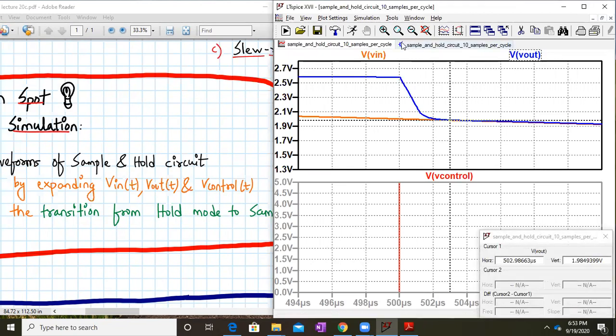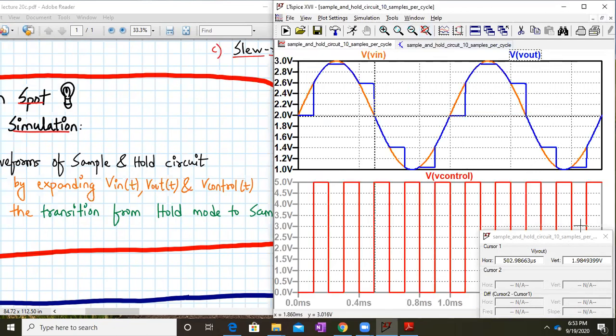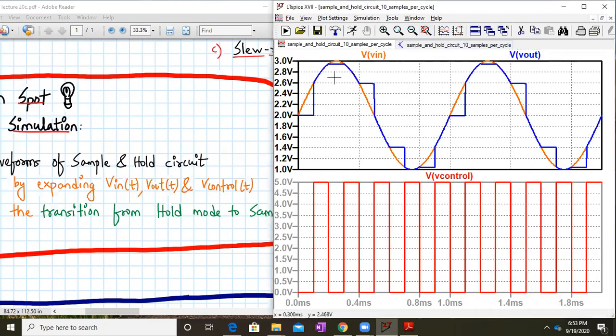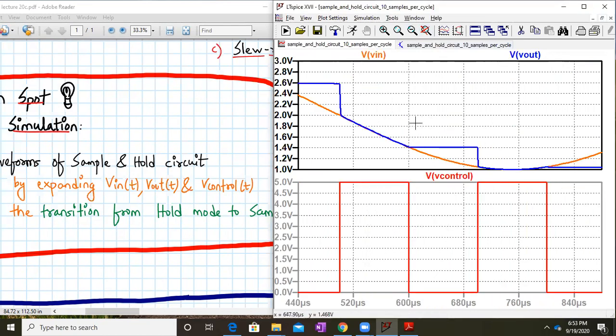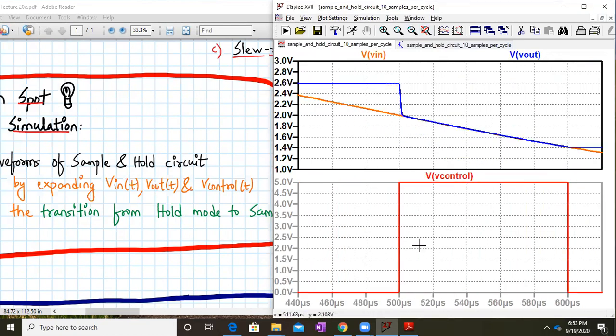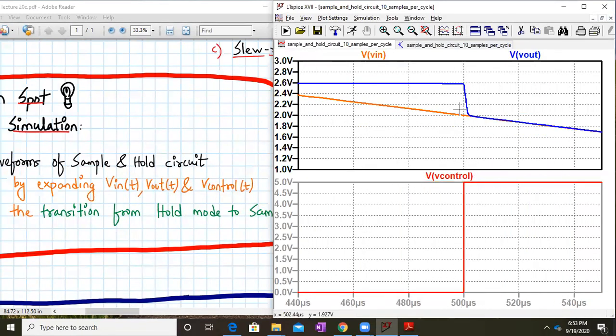Just let me check. Okay, let me expand it again. Yeah. So this is what I was talking about. This is my hold mode where the control voltage is 0, and this is my sample mode when the control voltage is 5.